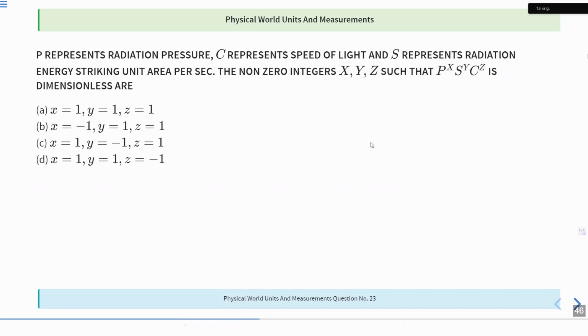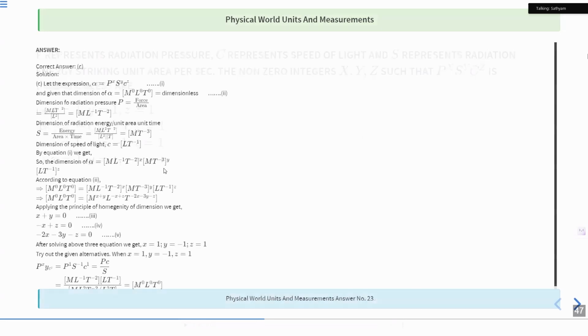Okay. T represents the radiation pressure, C represents the speed of light, and S represents the radiation energy striking unit area per unit time. Find the non-zero integers x, y, z such that this holds. Again, just go through this once.